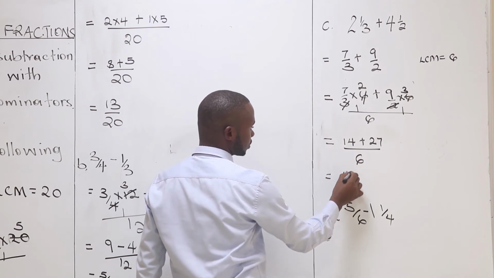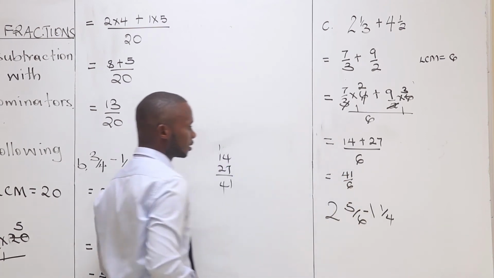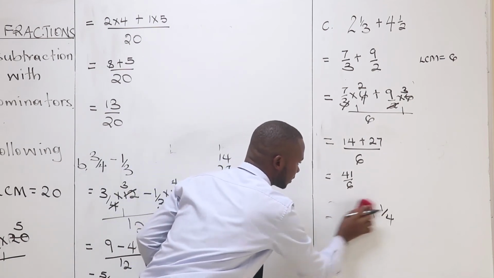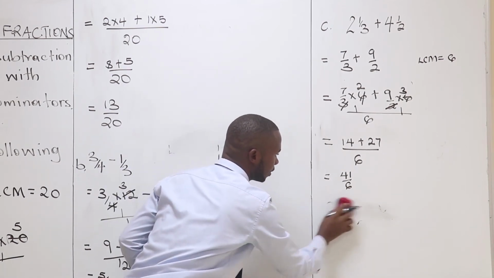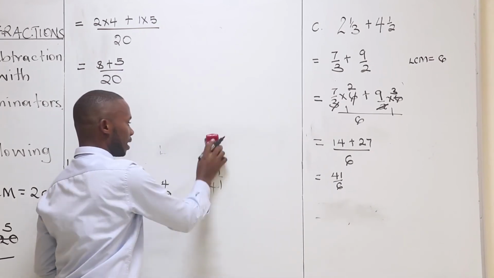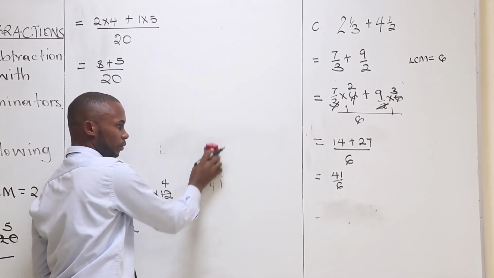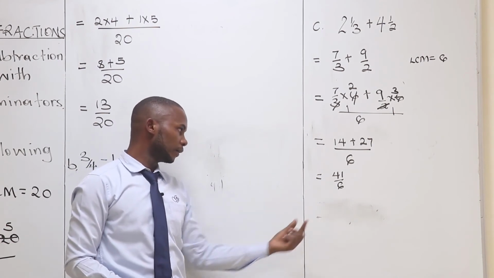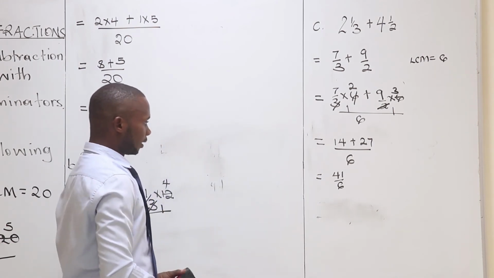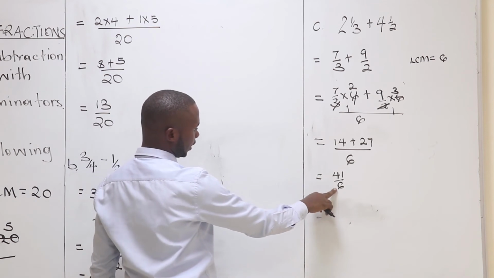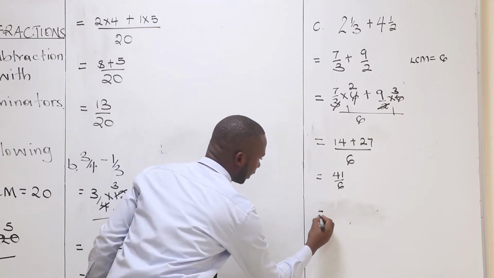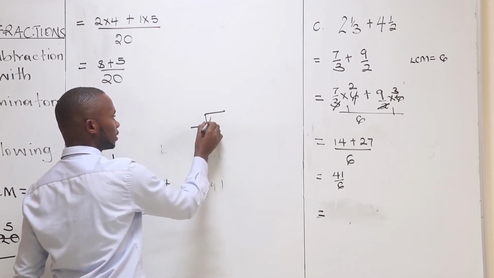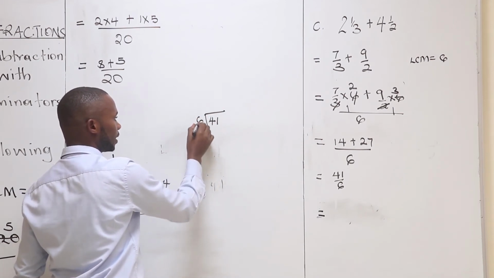So it will be 41 out of 6. We are always advised that in case the fraction is improper, we need to change it to a mixed fraction. Finally, the answer should be a mixed fraction. So here you can change it to a mixed fraction, that is 41 divided by 6.